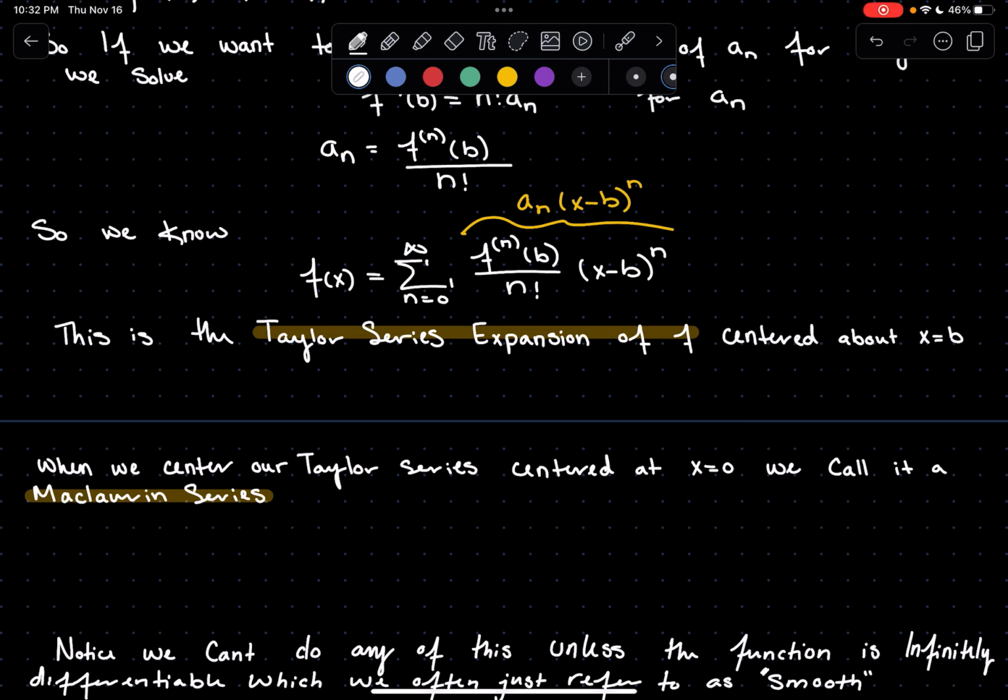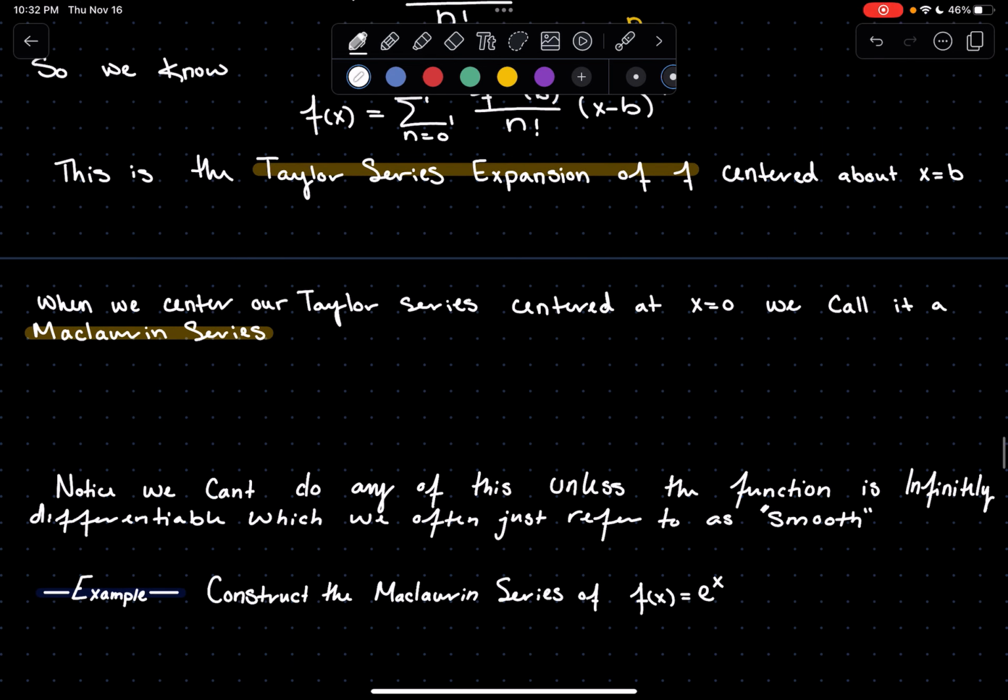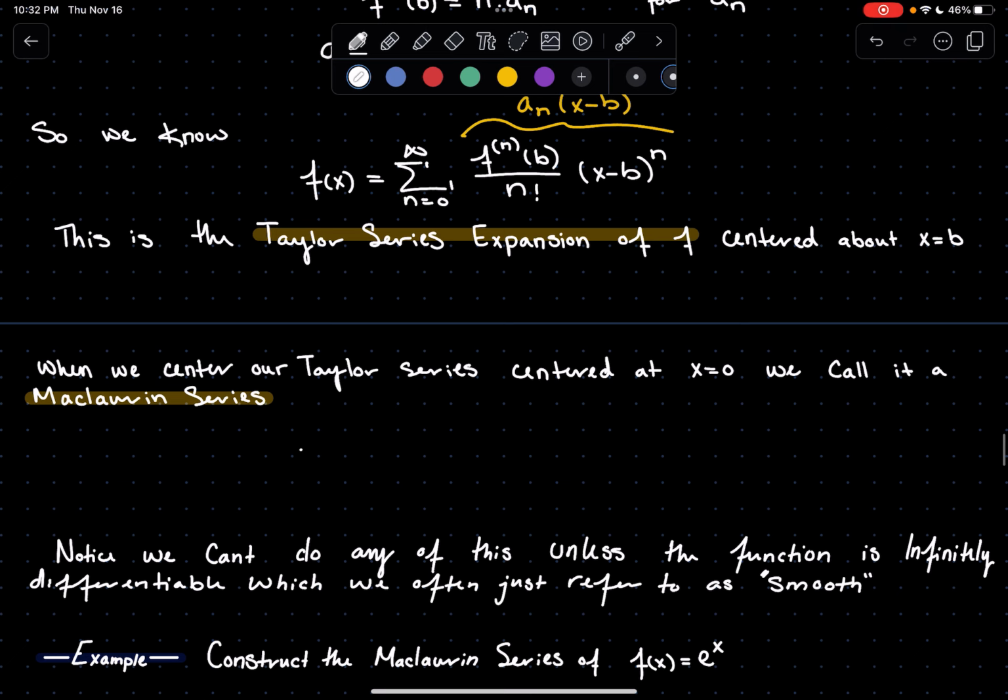If we want to center it at x equals 0, that's called a Maclaurin series. They're the same thing, it doesn't matter, but we just have to rewrite f of x as the sum from n equals 0 to infinity of f to the n. This is centered at x equals 0, not x equals b, so wherever we see a b, we put a 0.